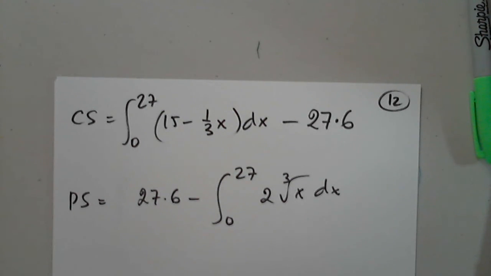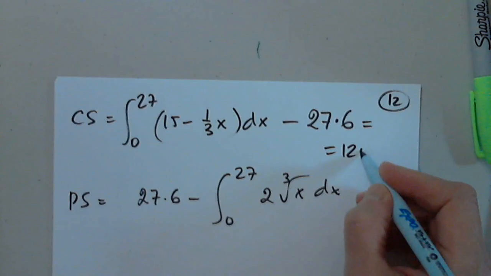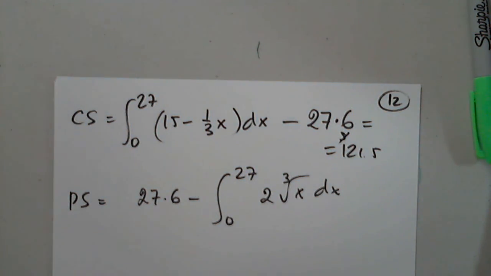So 0 to 27 of 15 minus, careful, parentheses, 1/3 x dx, and then minus 27 times 6. And this is the consumer surplus, $121.5.